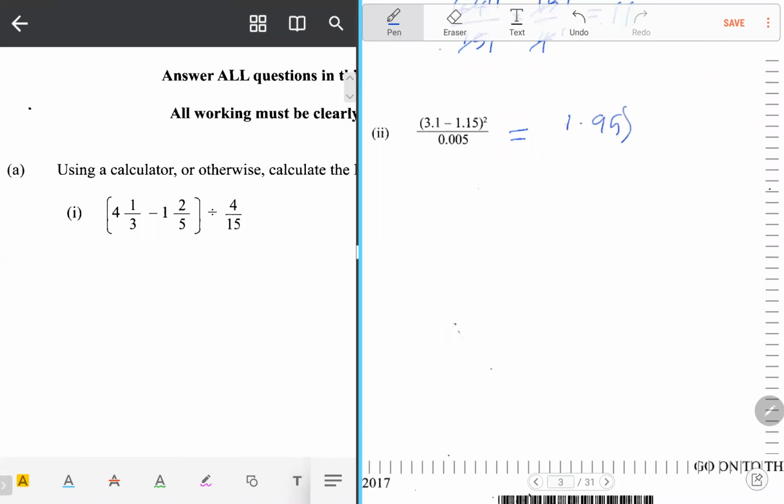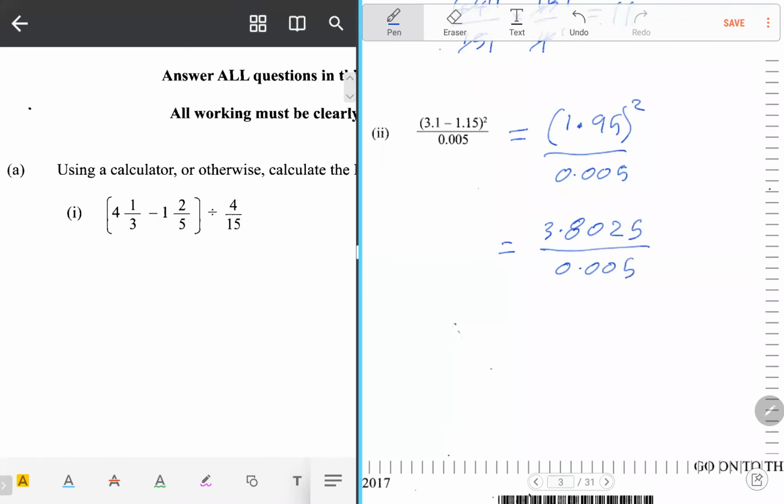1.95, and you square that. This is a square on the outside there. Still divided by 0.005. And then when you work out the 1.95 squared, to put the exact value, it will become 3.8025 divided by 0.005.